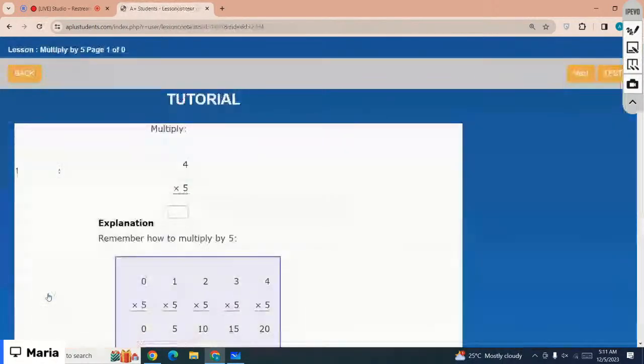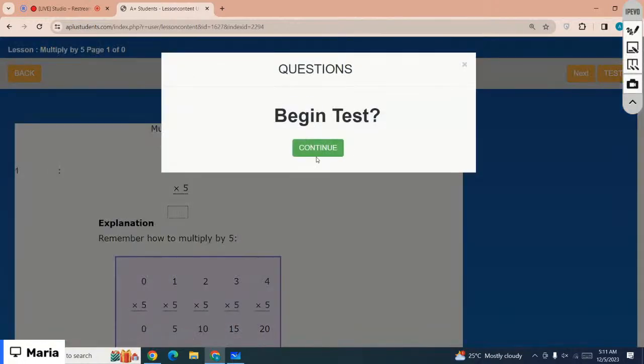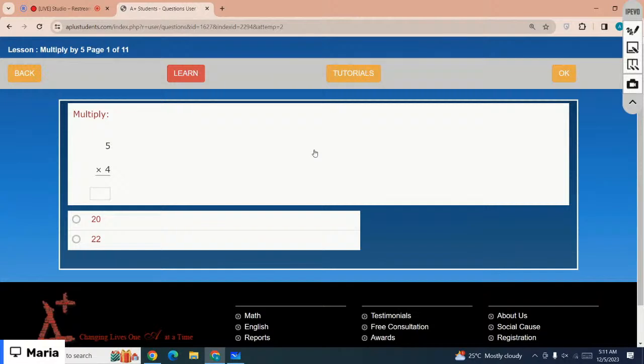Okay, the first example is 4 times 5 equals, yes, the correct option is 20, right? Let's just start with the test questions. Okay, the first one is 5 times 4.